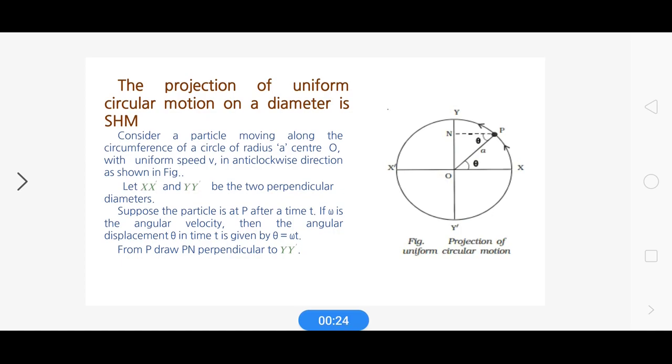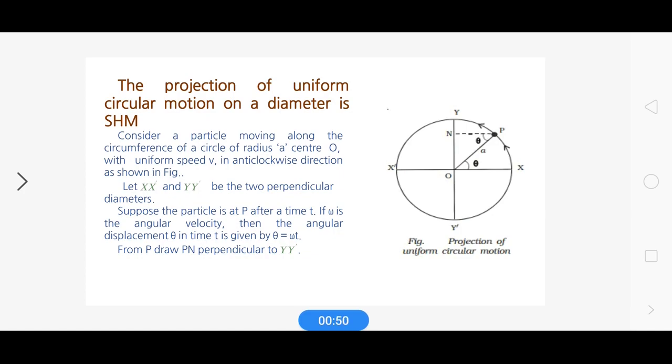The particle is initially at point X and moves towards Y, then X dash, then Y dash, and finally back to X, with center O and radius A.